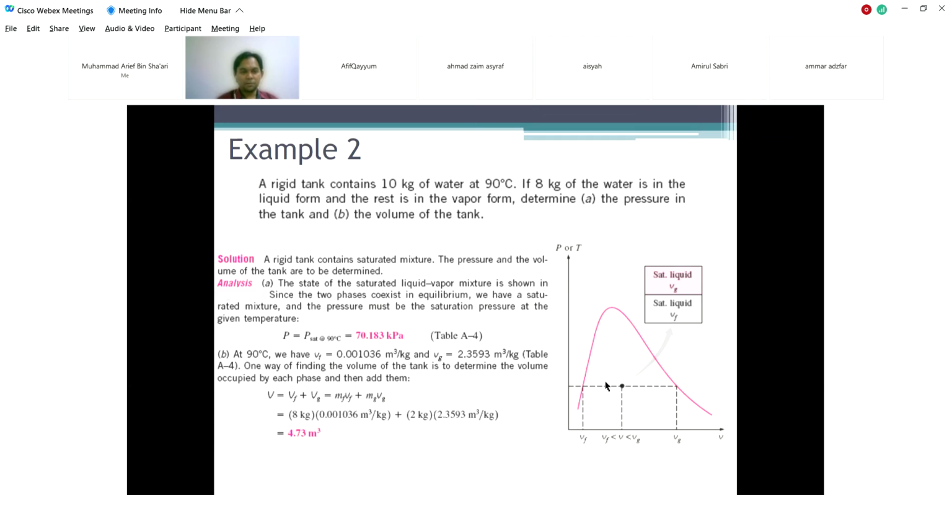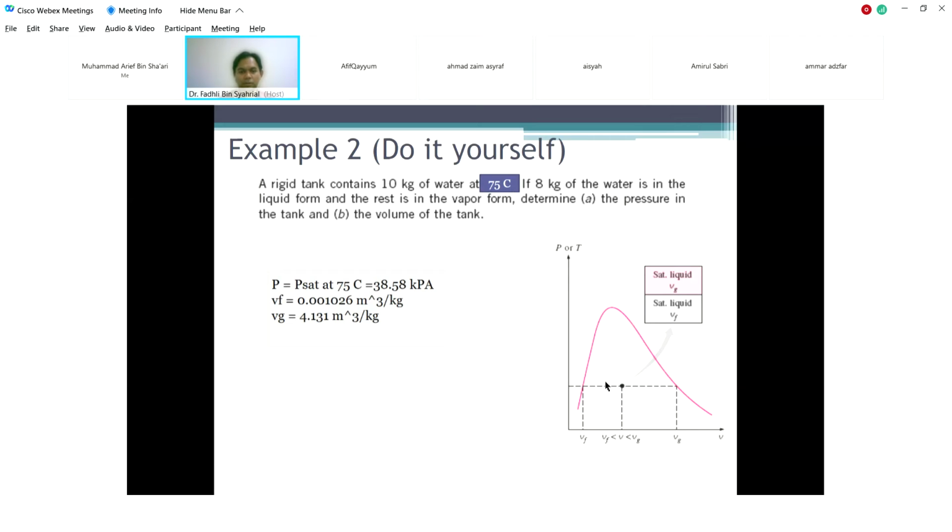Okay, this is example 2. We have another example, but please challenge yourself. Do it yourself. A rigid tank contains 10 kilogram of water at 75 degrees C. If 8 kilogram of the water is in the liquid form and the rest is in the vapor form, determine the pressure in the tank and the volume of the tank.